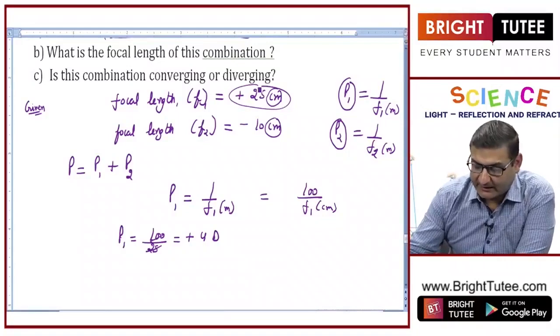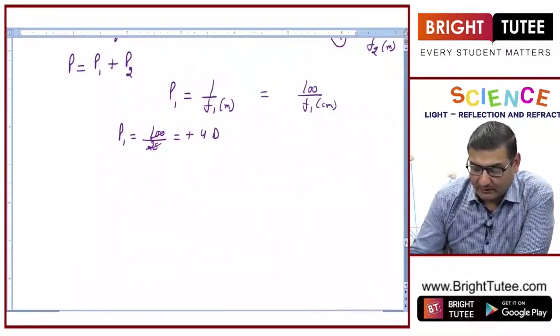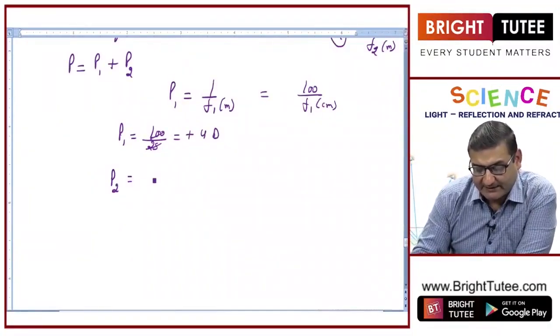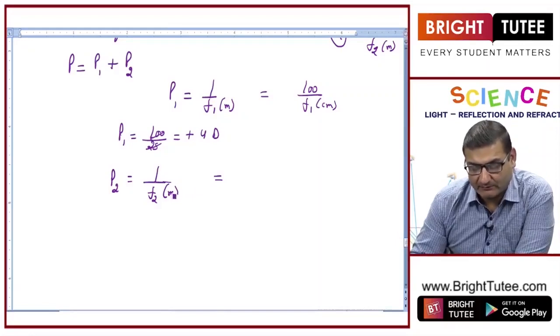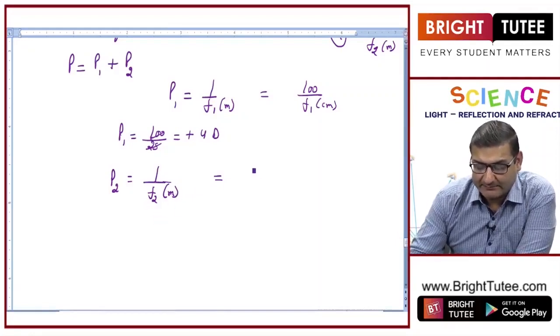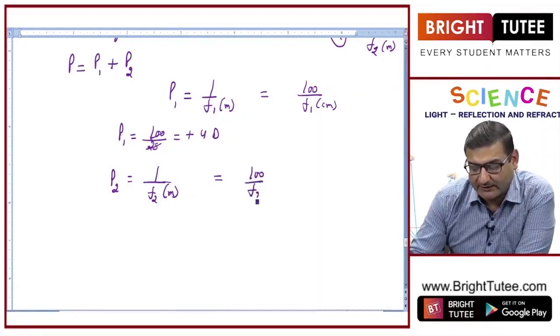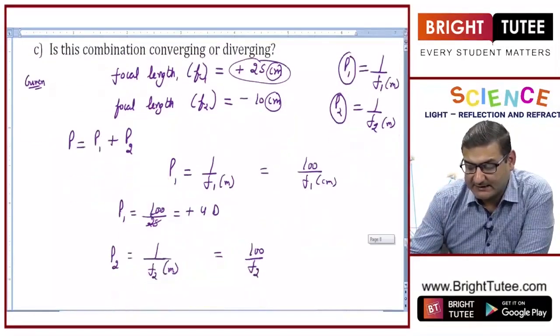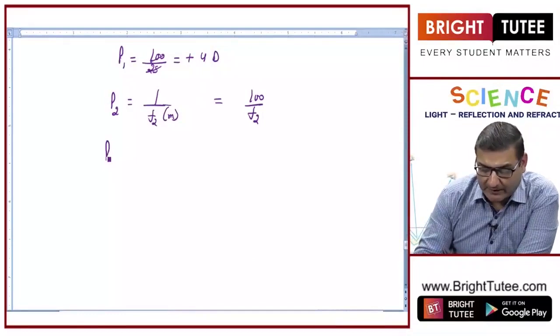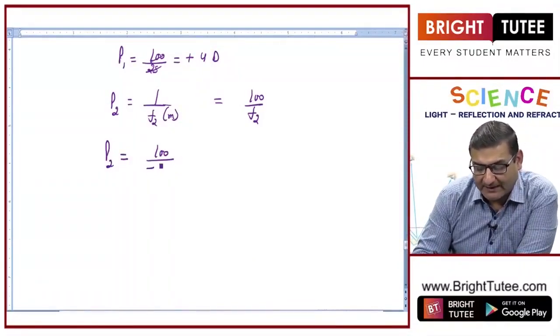Then I'll calculate the power of the second lens. Power of the second lens will be equal to 1 upon f2 in meters, or, if I am dividing by 100, I'll simply write 100 upon f2. The focal length of the second lens was 10 centimeters. So the power will be equal to 100 upon minus 10.